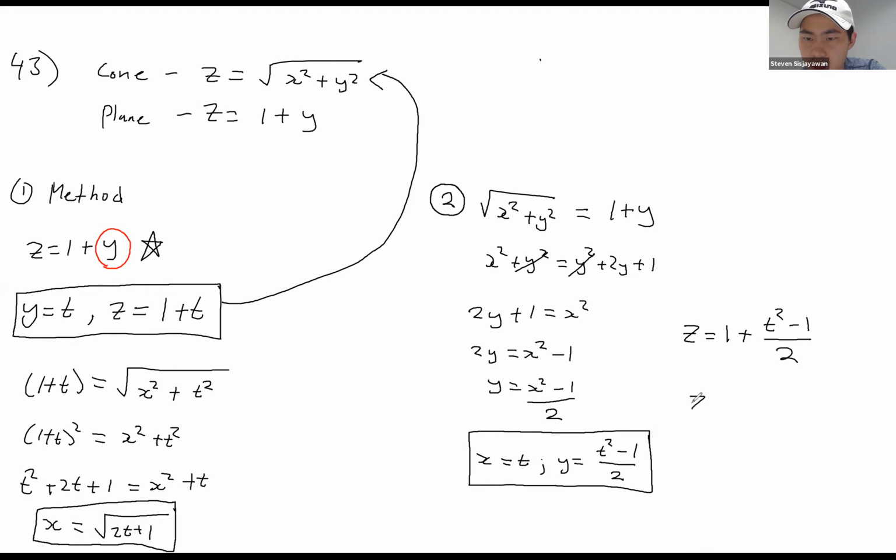Simplifying that down, I get t squared plus 1 over 2. All right, so these are my parametric functions, solving it this way. Any questions so far?